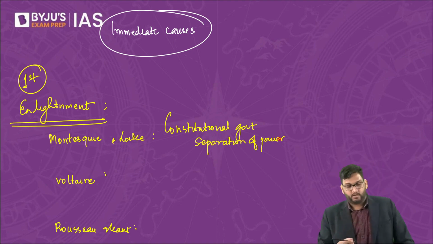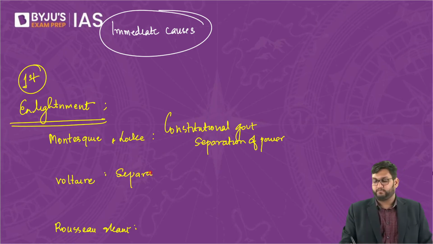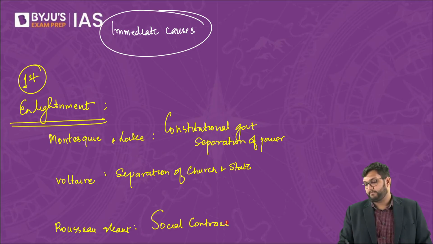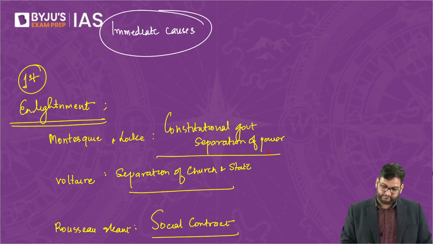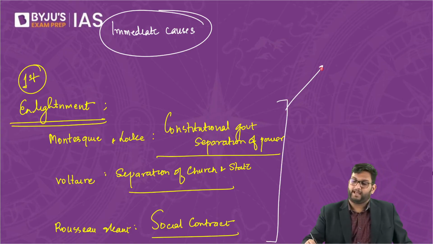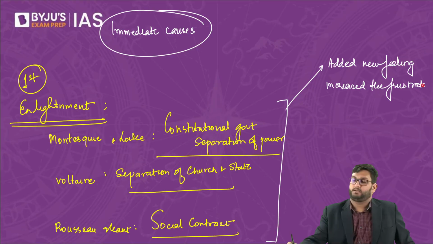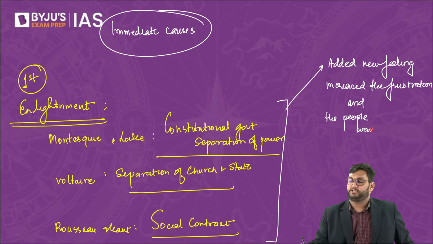Voltaire: separation of church and state. On the other hand, Rousseau and Kant: social contract. All of this added new feeling, increased the frustration, and the people wanted change.